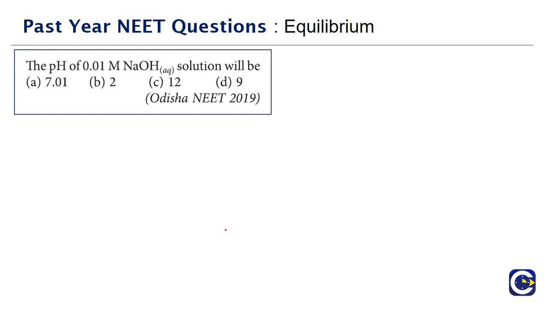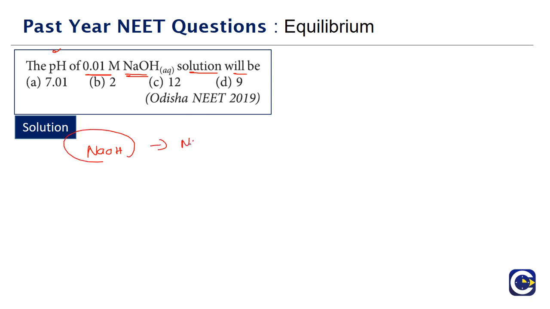This is a question that came in the NEET 2019 Odisha paper. The pH value of 0.01 molar NaOH solution will be. It's a straight question. NaOH is a strong electrolyte, so it completely dissociates to produce Na plus ions and OH minus ions.